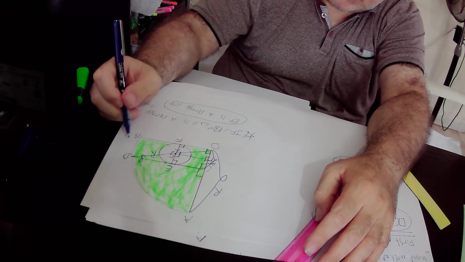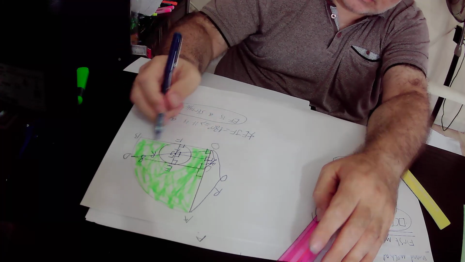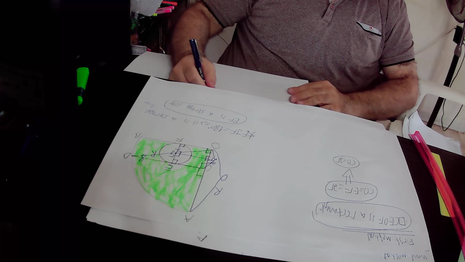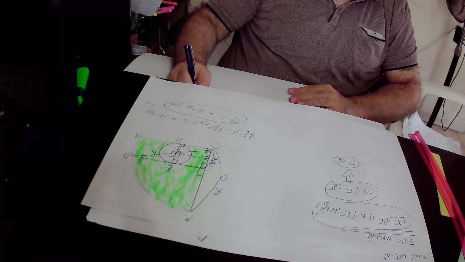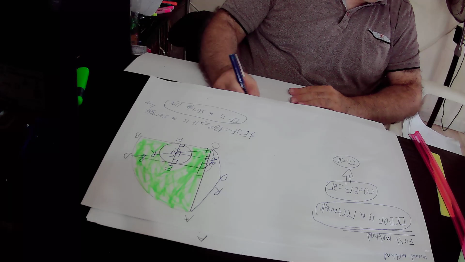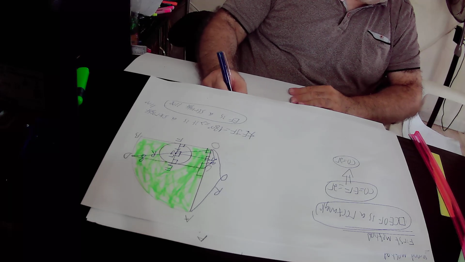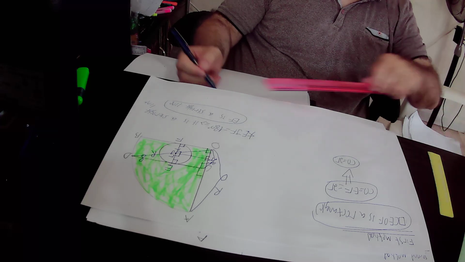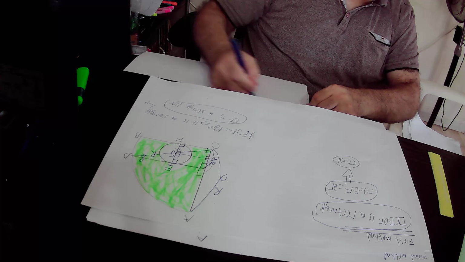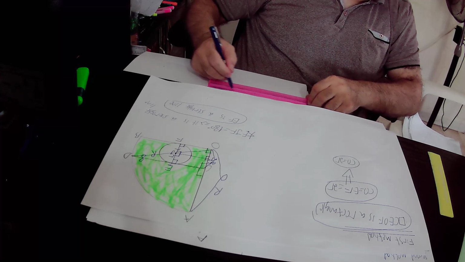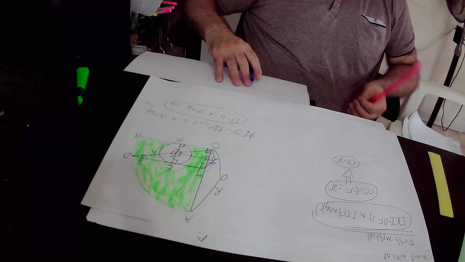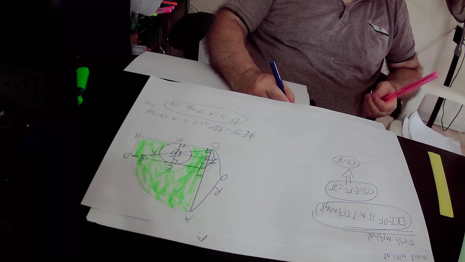In the next step, we will apply the Pythagoras theorem on the right green triangle, triangle OCD. According to the Pythagoras theorem, the square of the hypotenuse equals the sum of the squares of the perpendiculars.